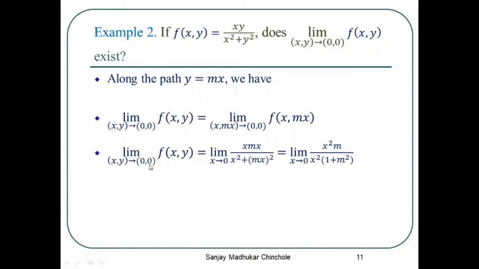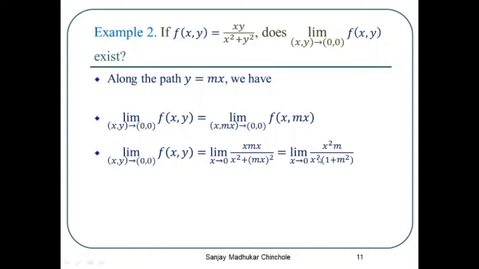Therefore, the limit of f(x, y) is equal to the limit as x tends to 0, where x into mx becomes x square m, and x square plus (mx) square becomes x square plus m square x square, from which you can take x square as common. Now it becomes the limit as x tends to 0 of x square m upon x square into (1 plus m square). As x tends to 0, x is not equal to 0.